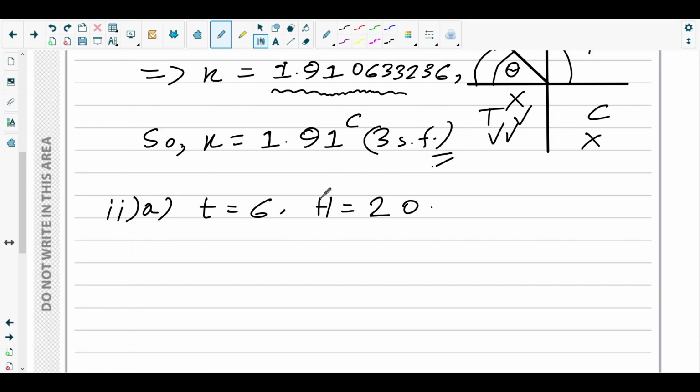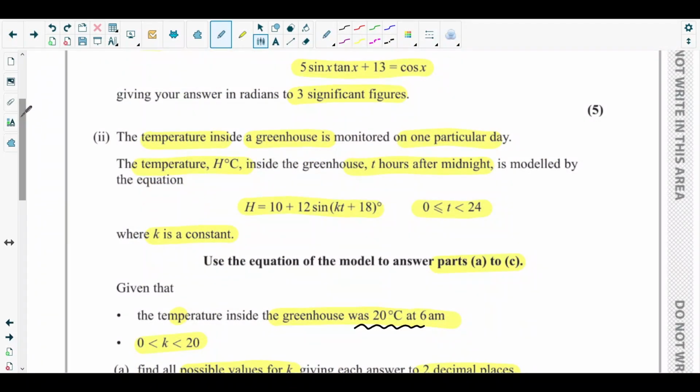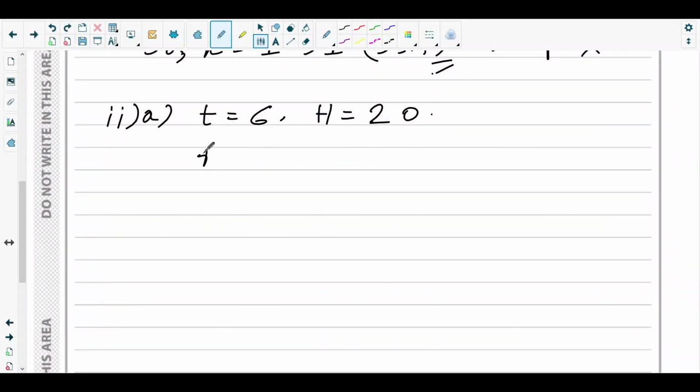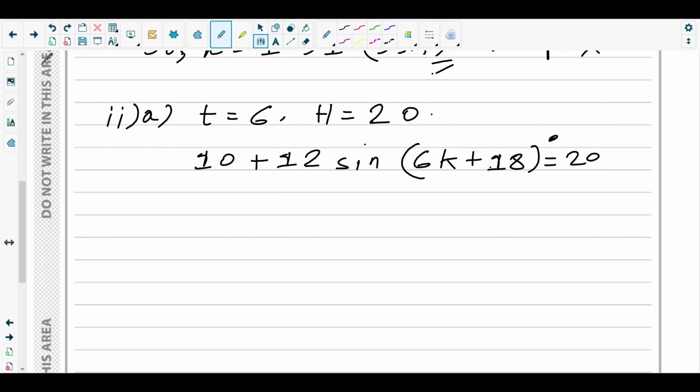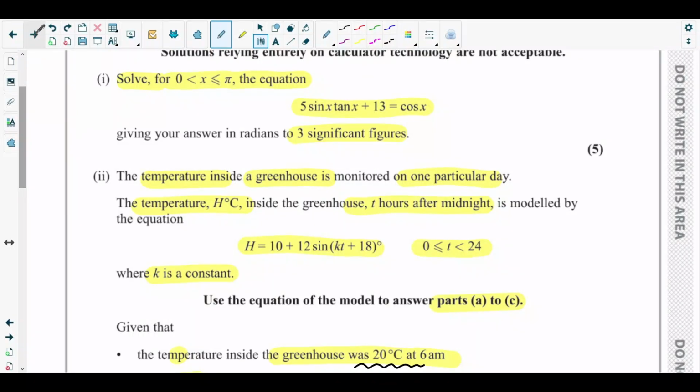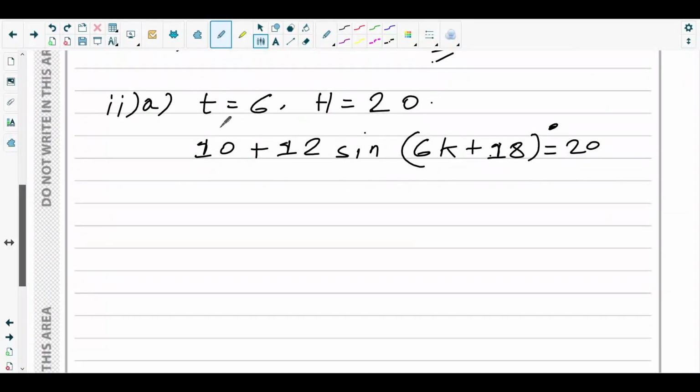So we will substitute these values into the trigonometric equation: 10 plus 12 sine (6k plus 18) degrees equals 20. Let me recheck that it is correct. Perfect.